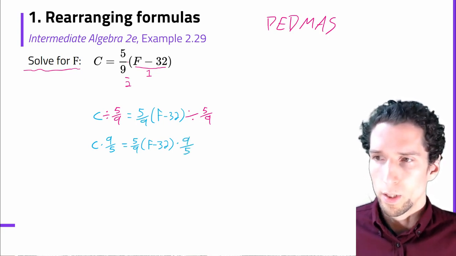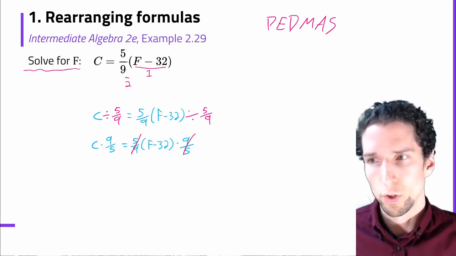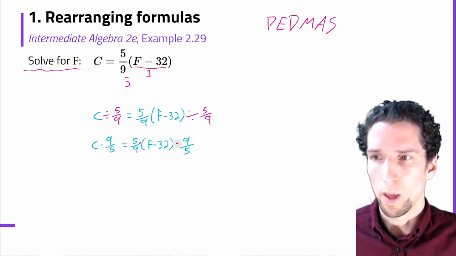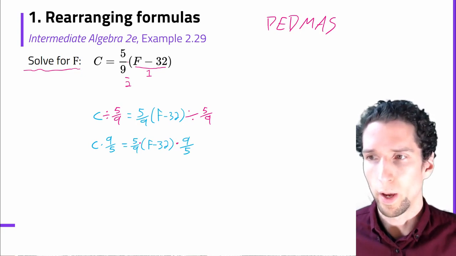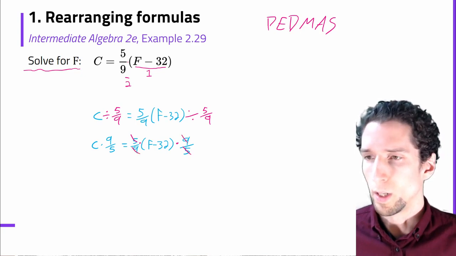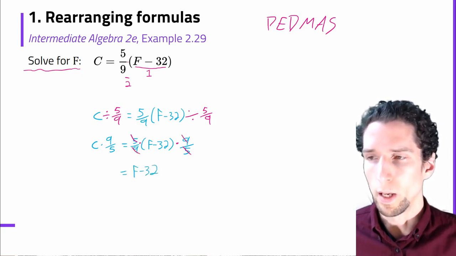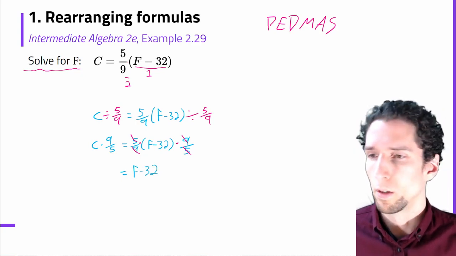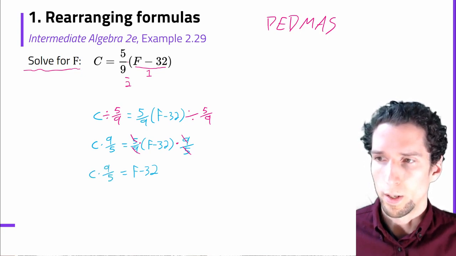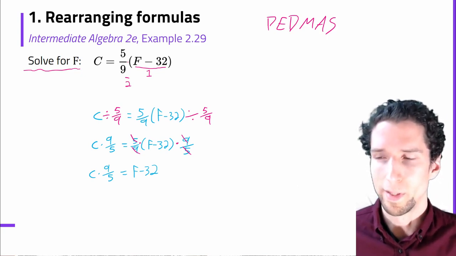All right, so the 5/9 and the 9/5 cancel each other out. It's two multiplication operations, one on each side of the brackets, and we can just rearrange the order. So the 5 and the 5 cancel out, the 9 and the 9. So we are left with just F minus 32 on one side, and C times 9/5 on the other. Okay, so that was operation number 2, sort of done.